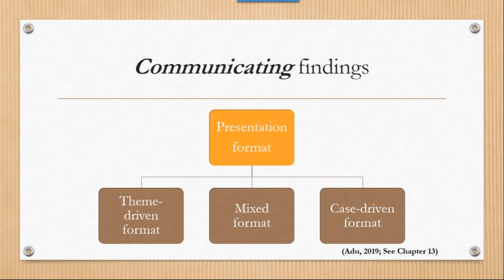You can present it in the case-based format, right? Most of the time, if you are doing a case study, then the case-based format will be the best. Most of the time, you just have to use the theme-driven, or you can combine both. The most important thing is, are you addressing the research question as you are presenting your findings? That's what your audience wants to know. How do your findings address the research question that you have?